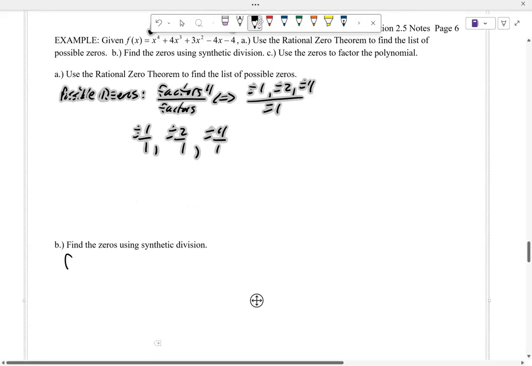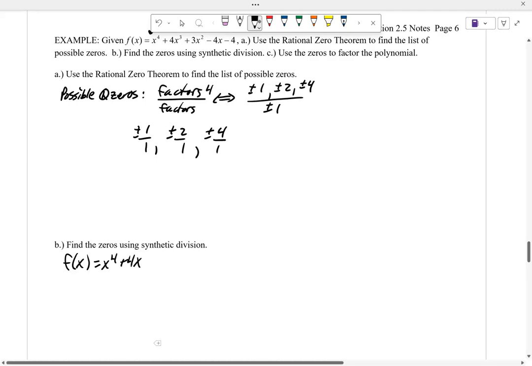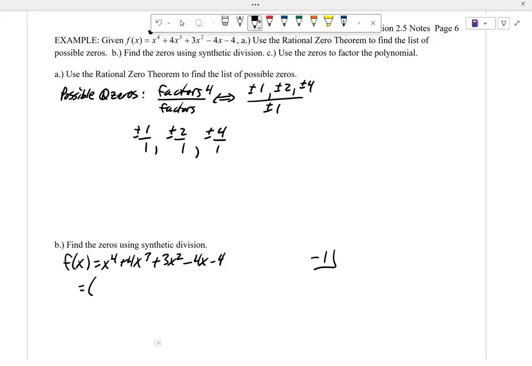So let's find our zeros. Here's our function, x to the 4 plus 4x cubed plus 3x squared minus 4x minus 4. Let's go ahead and see if negative 1 works. If negative 1 is a 0, then x minus negative 1 is a factor. So we'll go ahead and do the division. Let's test it. 1, 4, 3, negative 4, negative 4.